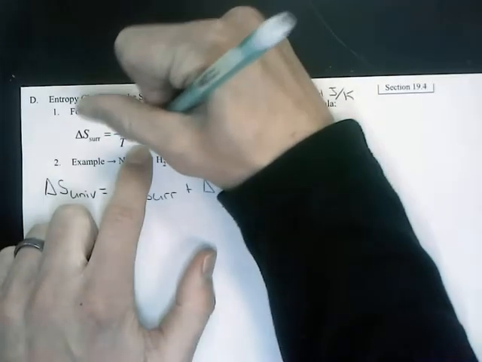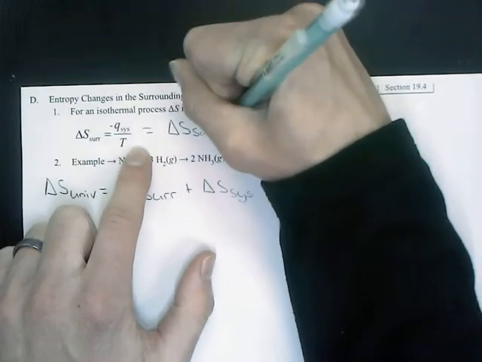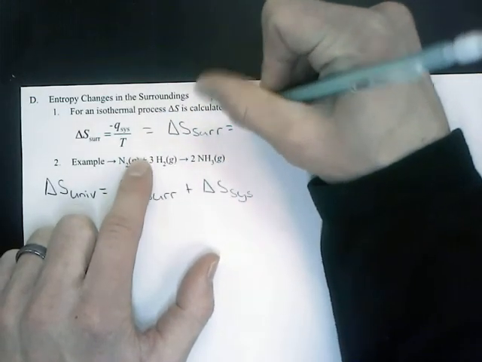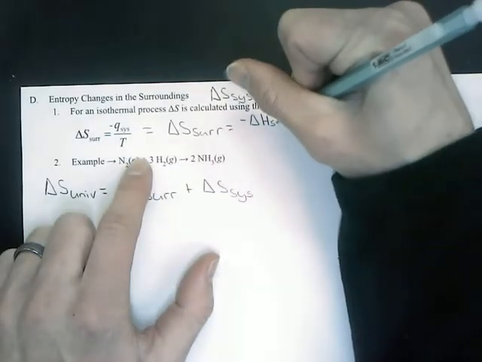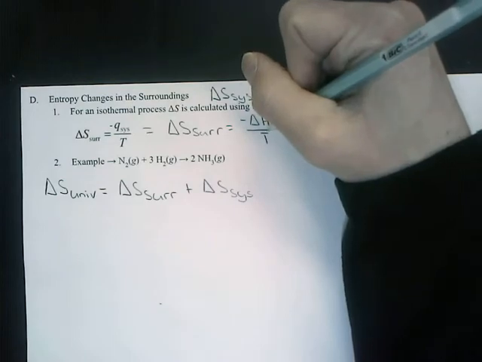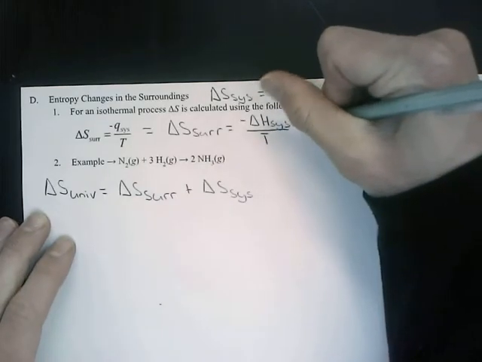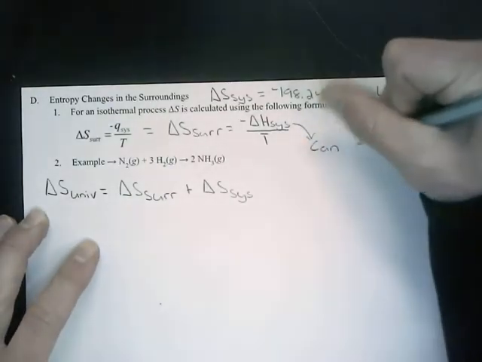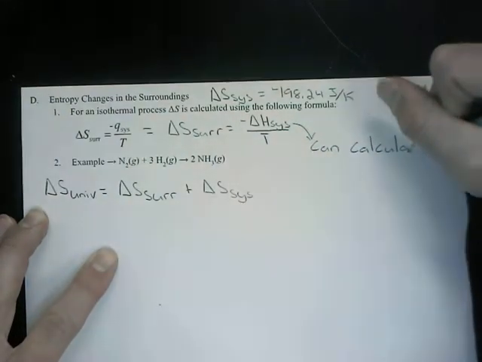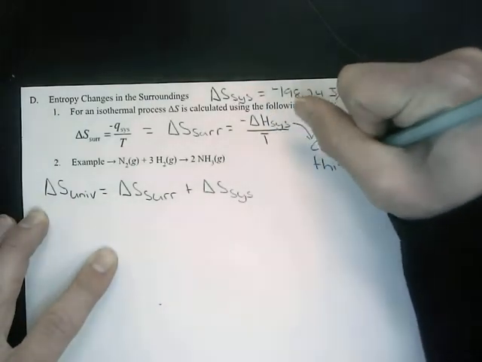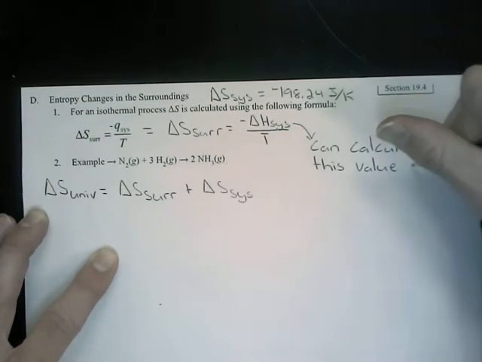So delta S of the surroundings is equal to the negative delta H of the system over T. Now, what we can also say is that we can calculate the delta H of the system via delta H of the reaction.